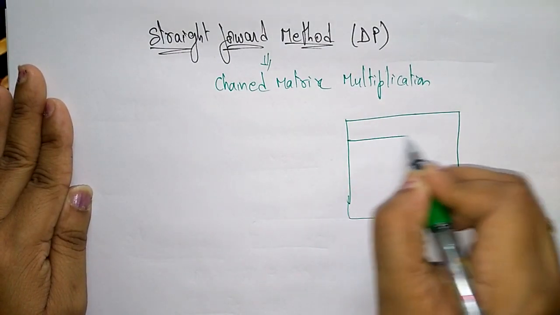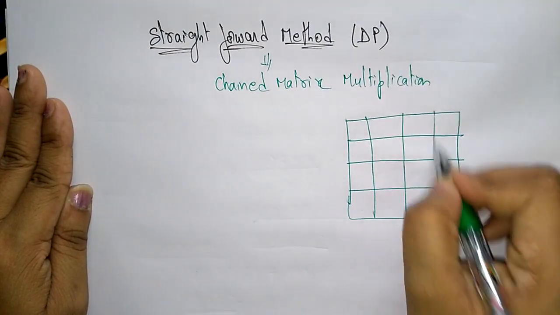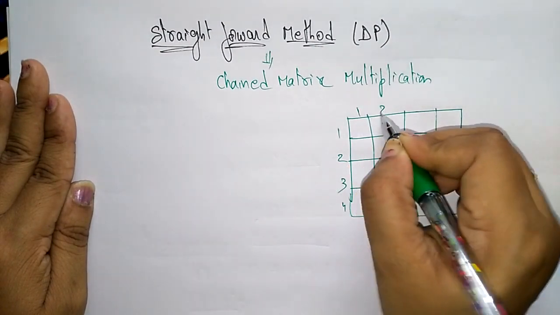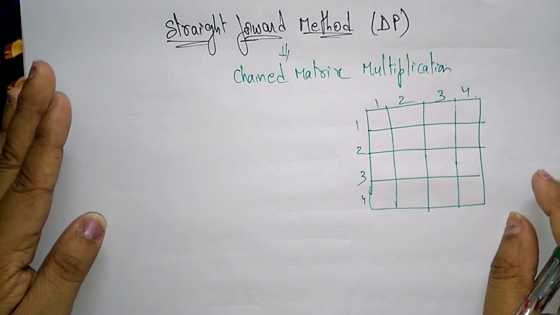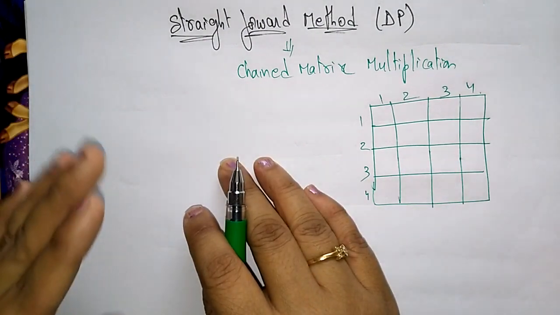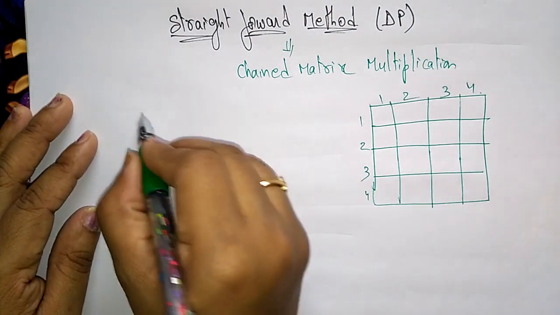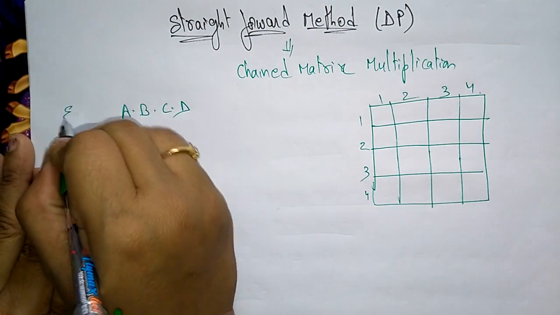So let us take 4 rows and 4 columns: 1, 2, 3, 4. With the help of the tabulation method we can follow the chain matrix multiplication. Here the cost of A is 0. First we take A, B, C, D. Let me take the example.